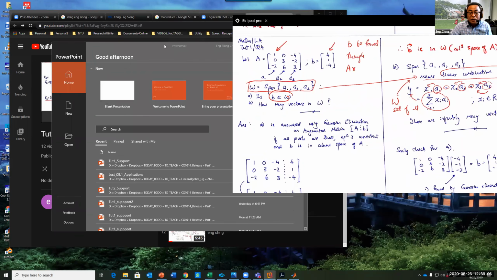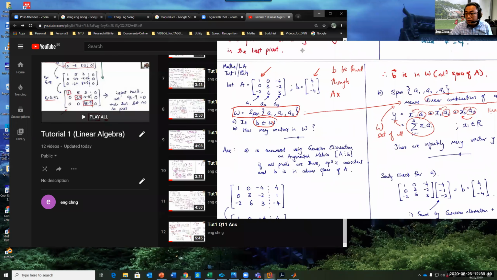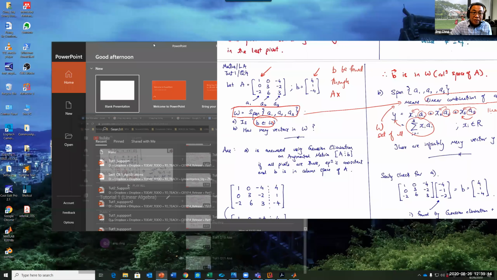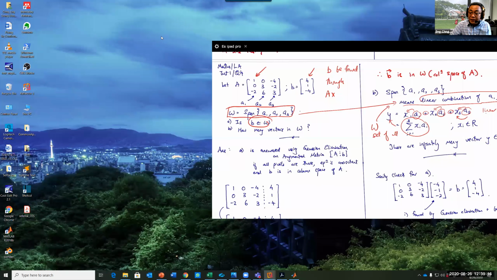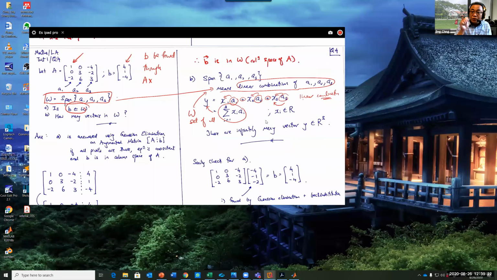So the answer is actually an infinite number, because you are doing any linear combinations, so you can multiply A by anything, and therefore you have infinite. Now if you have only one A1, then you can only travel along this A1 direction, whether it is blowing it up or making it smaller, or multiplying by minus, which means going against A1's direction, the opposite direction.